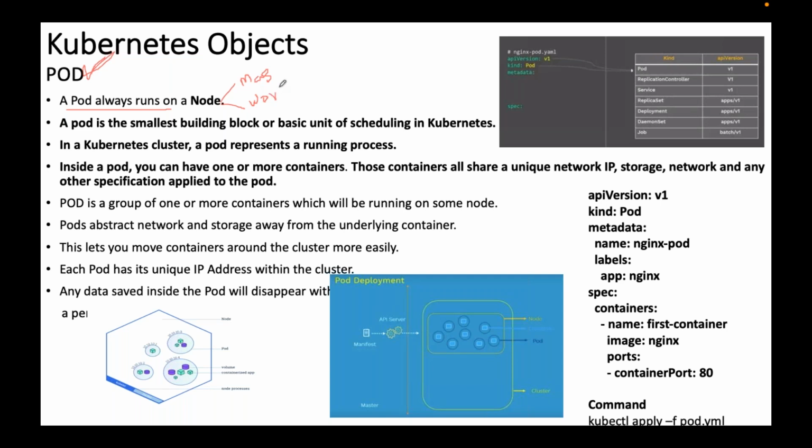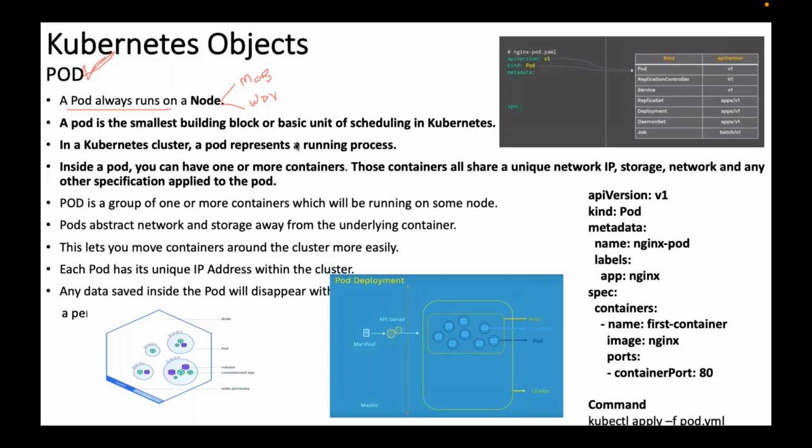A pod is the smallest building block, or basic unit of scheduling, in Kubernetes. What is the smallest resource which we can create in Kubernetes? It is basically a pod.